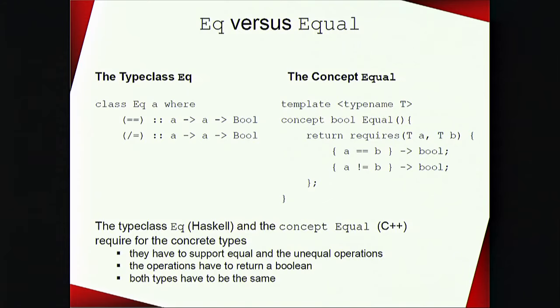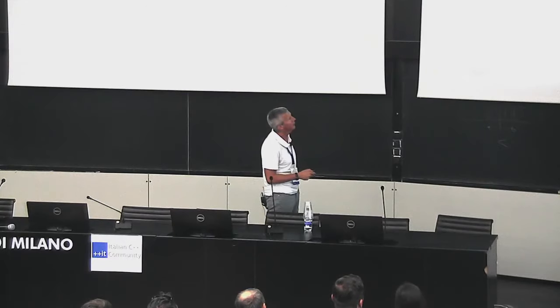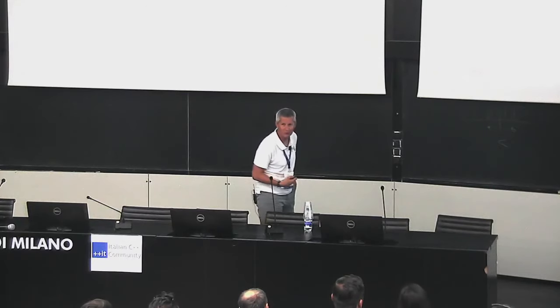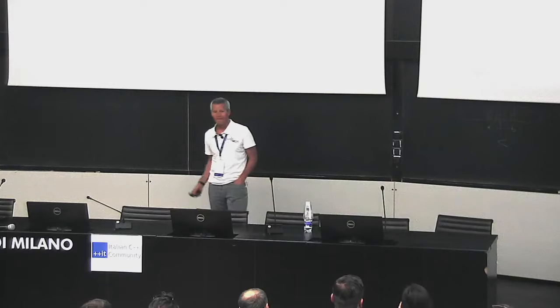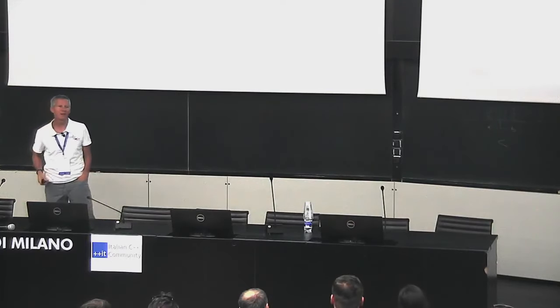And I will come to this point with Haskell in a few seconds. Here it says a type A supports equality if it supports the equal and unequal operators. Both must have the same type and they should return bool. And that is the same stuff I write here. That is the concept equal, you saw it before. Left the Haskell, right the C++ syntax.